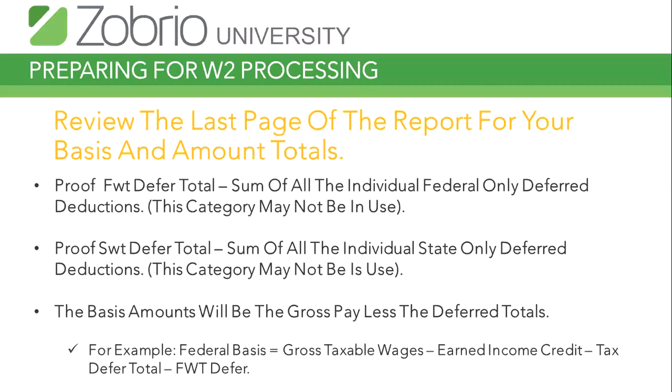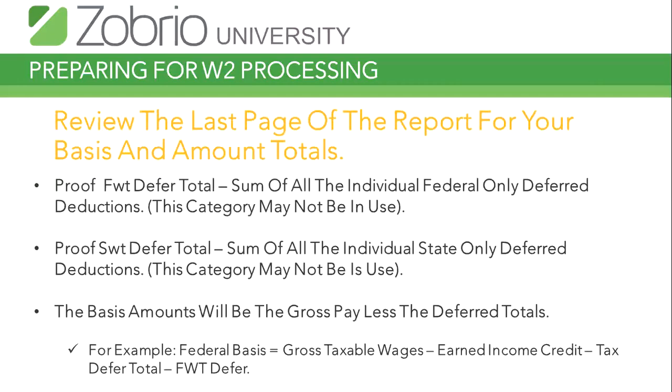So for instance, when looking at your basis amount for federal tax, you take the gross pay that you accumulated less the tax defer, and then quite possibly any FWT or just individual federal defers, and that will give you your basis amount.